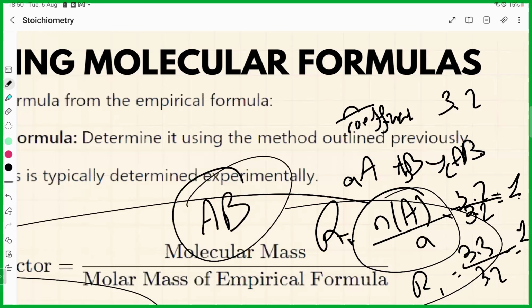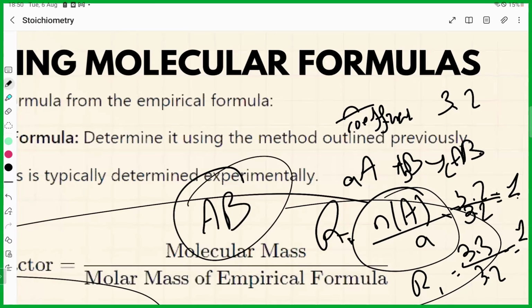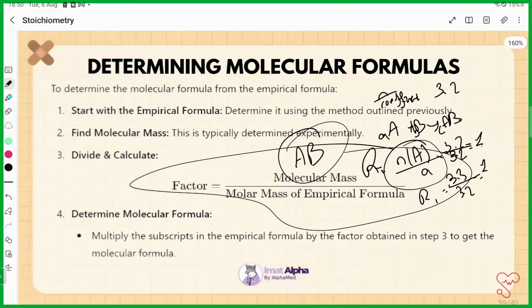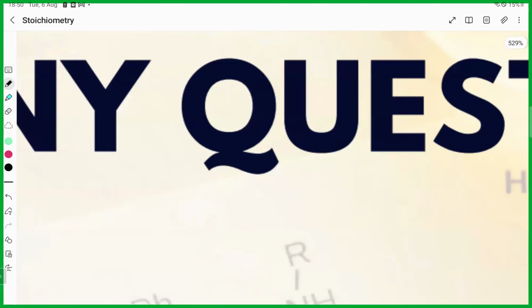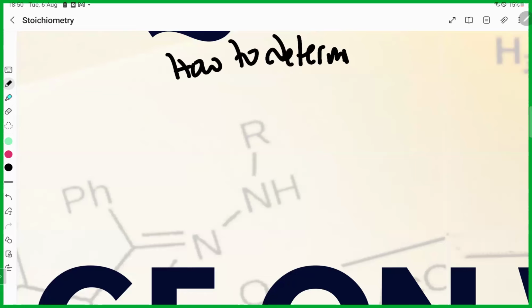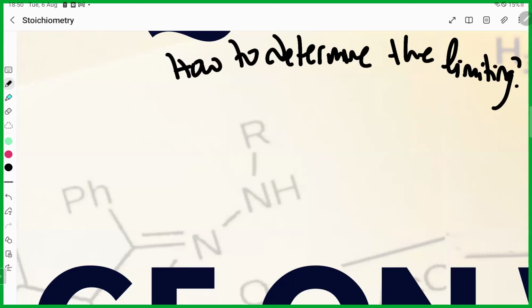I also want to explain something before we change the topic. Look here, guys, how to determine the limiting reactant is very easy.